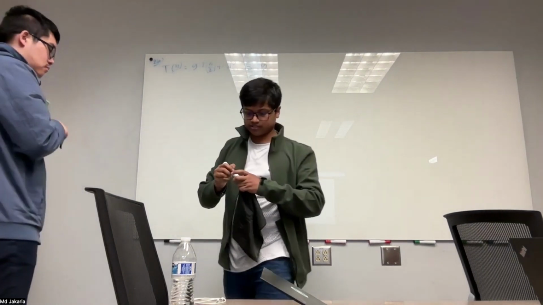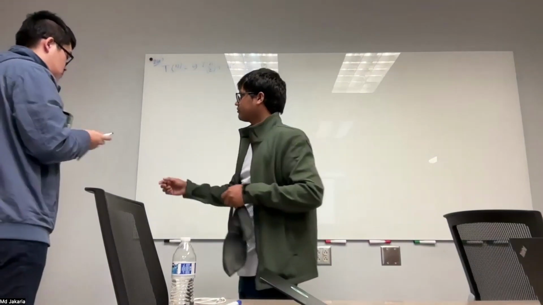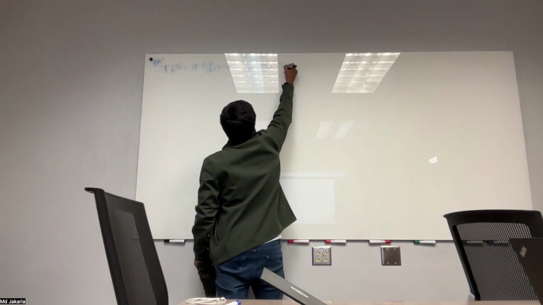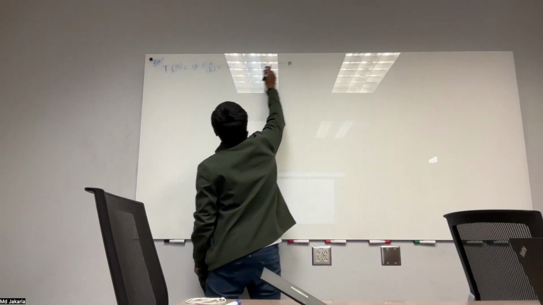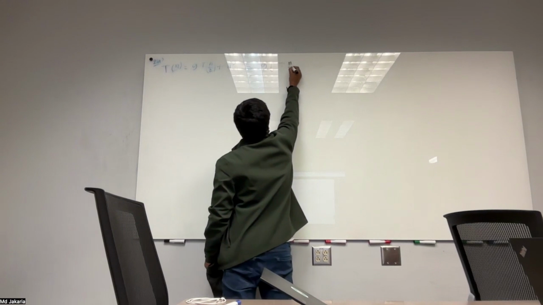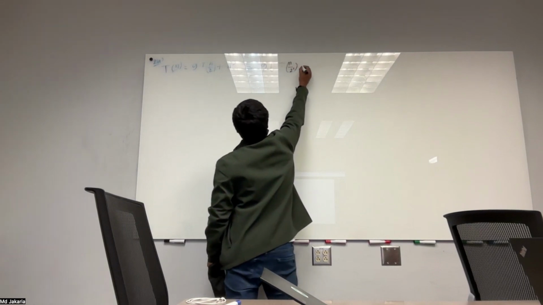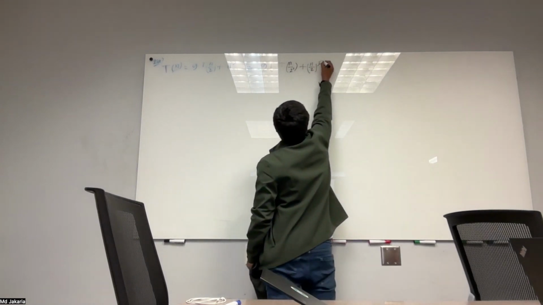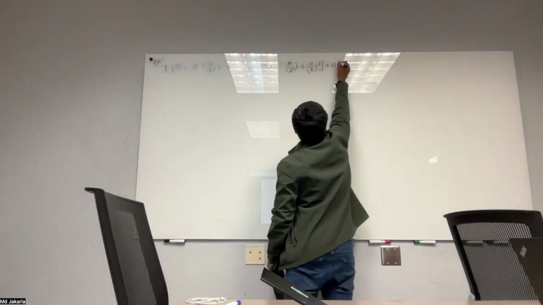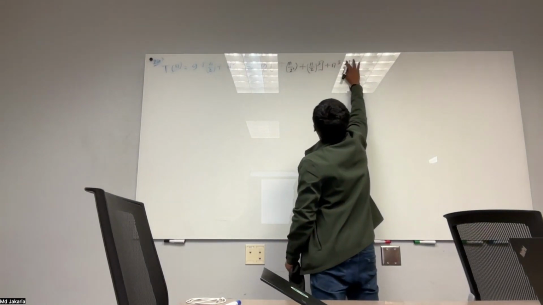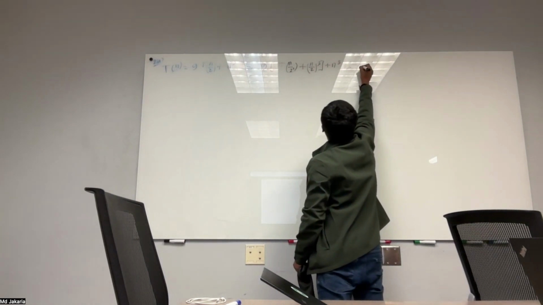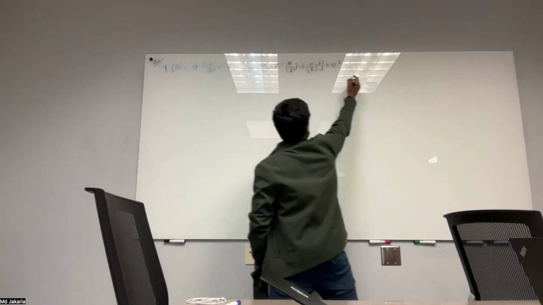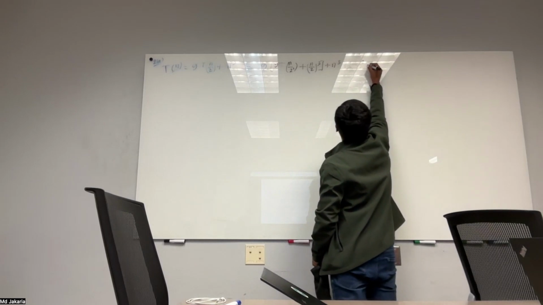Can I get the black one? Thank you. I will get this one. So that will be 9 square.